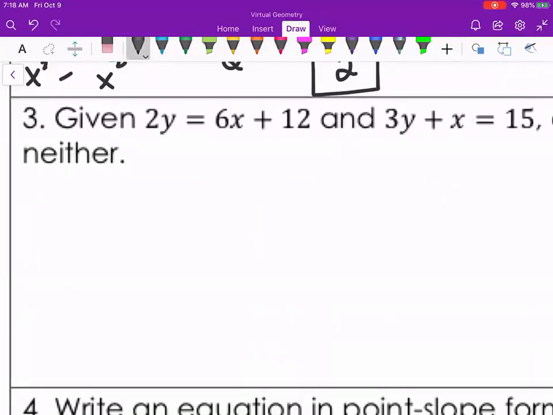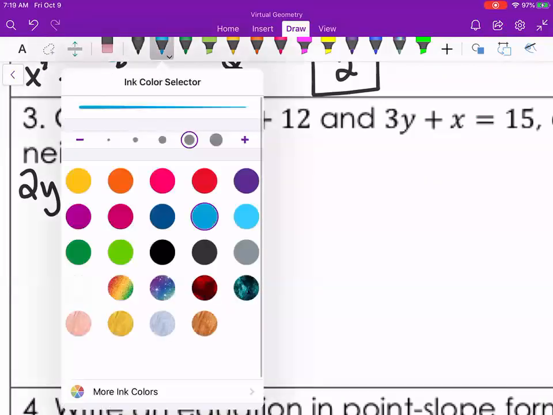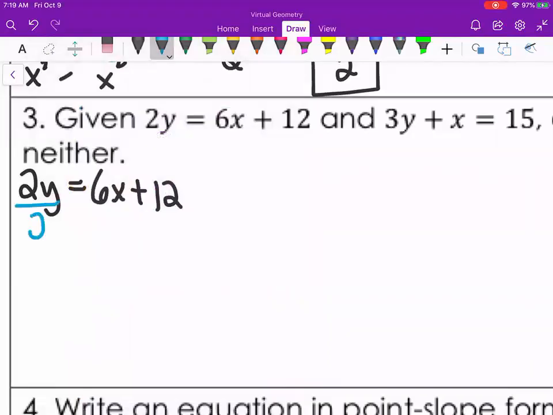We have 2y is equal to 6x plus 12. Now, for us to figure out what your slope is, guys, it's got to be in y equals mx plus b. Right now, we're not in that form because we don't just have a 1y, we have a 2y. So before we can do anything to this equation, I need to divide out that 2 first, every single piece.